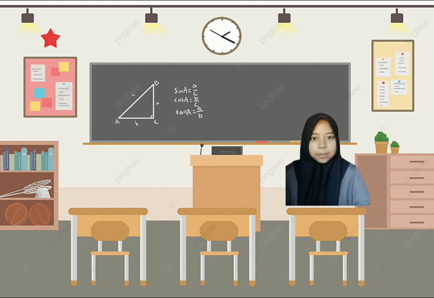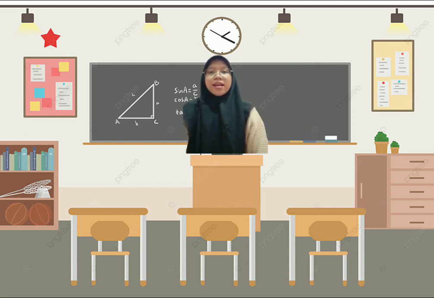Ma'am, what if based on the first concept a reaction is an oxidation, but based on the second concept the reaction is not an oxidation? Good question. To explain that problem, the concept of change in oxidation number was developed. Let's move to this concept. In this concept, there are several rules. You can see the table that I display or see in your book on page 171.